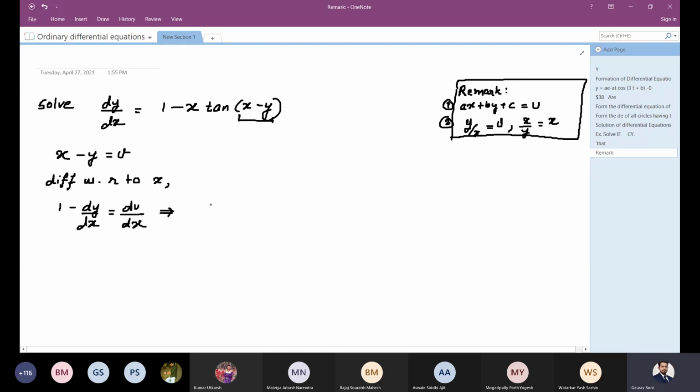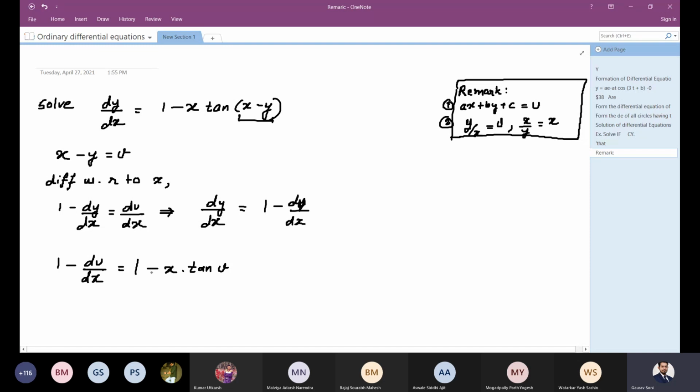So dy by dx can be substituted as 1 minus du by dx. Make the substitution: 1 minus du by dx is equal to 1 minus x into tan u.